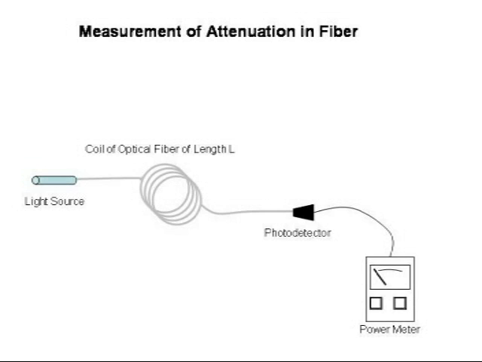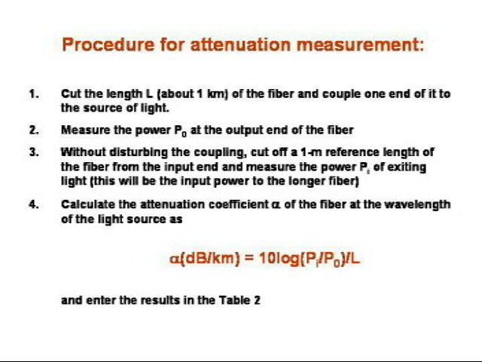And now let's go over the procedure for attenuation measurement. As I said, you take a length of fiber of about 1 kilometer or several hundred meters. One end is attached to the light source, and you measure the power at the output end of the fiber. Without disturbing the coupling of the fiber to the laser, you cut off a 1 meter reference length of the fiber from the input end, and then measure the power Pi of the exiting light.